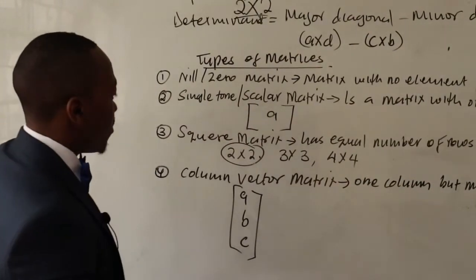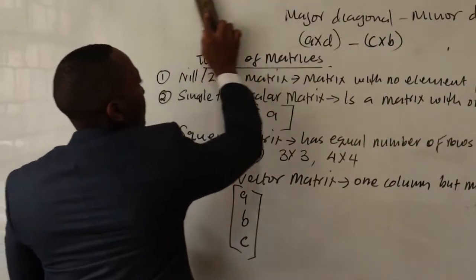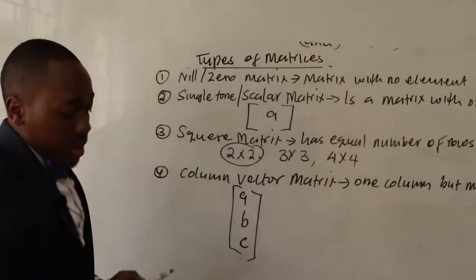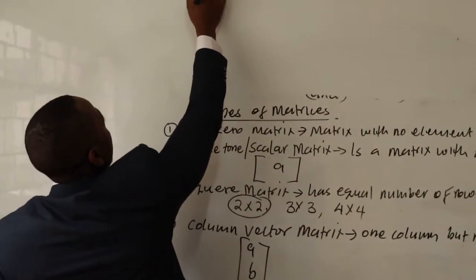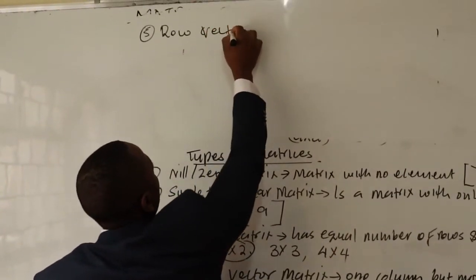So let's look at another type of matrix. Number 5, we have what we call a row vector matrix.